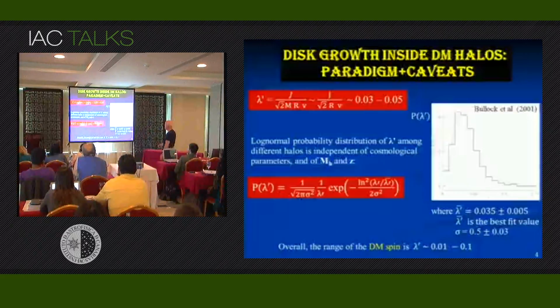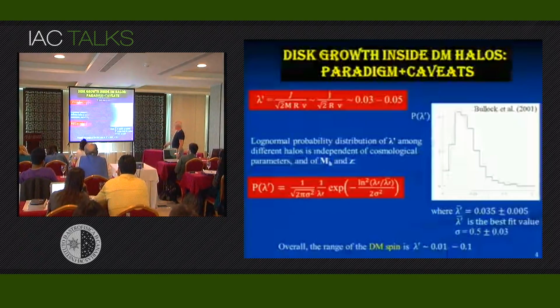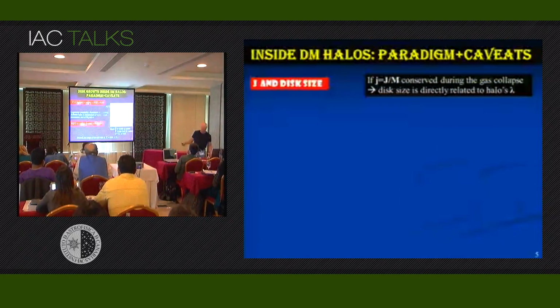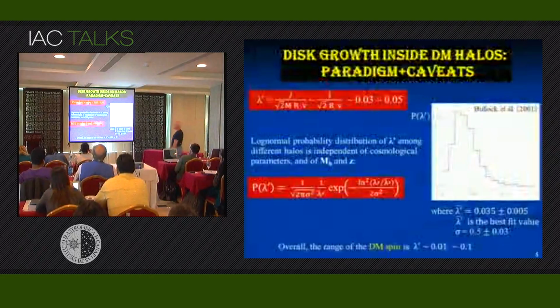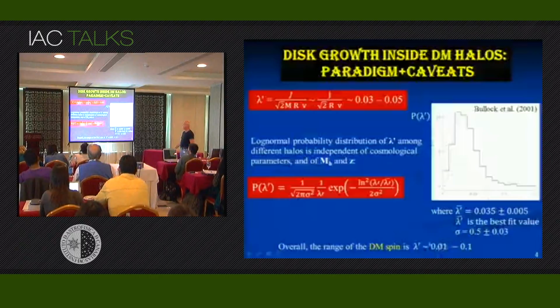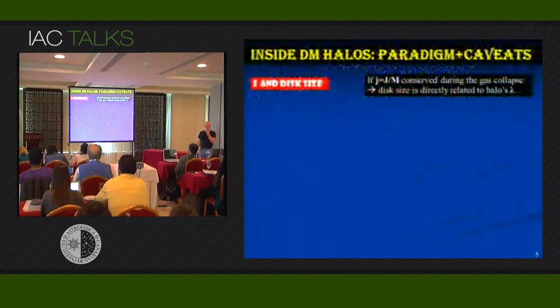The numerical simulations of pure dark matter halos show that their distribution with the spin closely follows the log normal distribution, and that is independent of redshift. The average value is around 0.035 with some dispersion around this. Overall, the range of the spin lambda of the dark matter halos is between 1% to 10%.